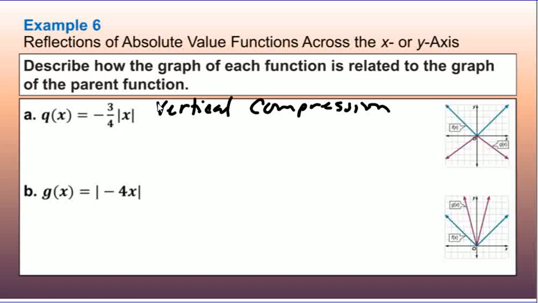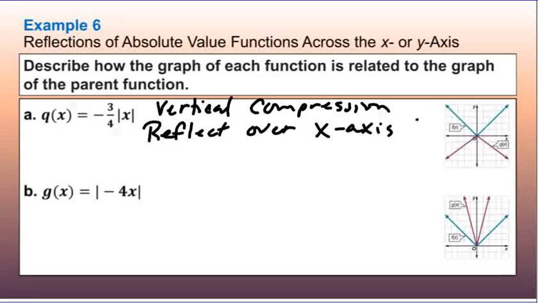Negative, so this is going to reflect over, now it affects our y's, so reflected over the x-axis. And so you can see in our diagram here, you can see the original one, I flip it, it's now underneath the x-axis.